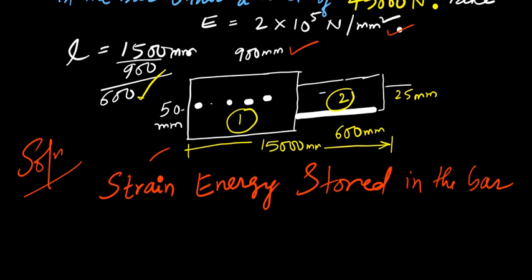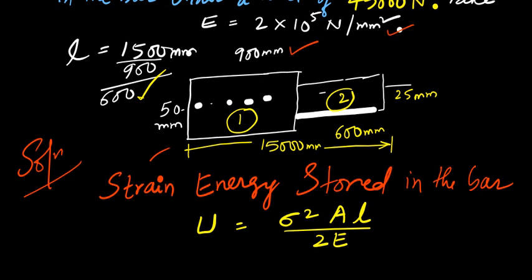For a single element, the formula is U equal to sigma square A L by 2E, the strain energy stored in the bar.